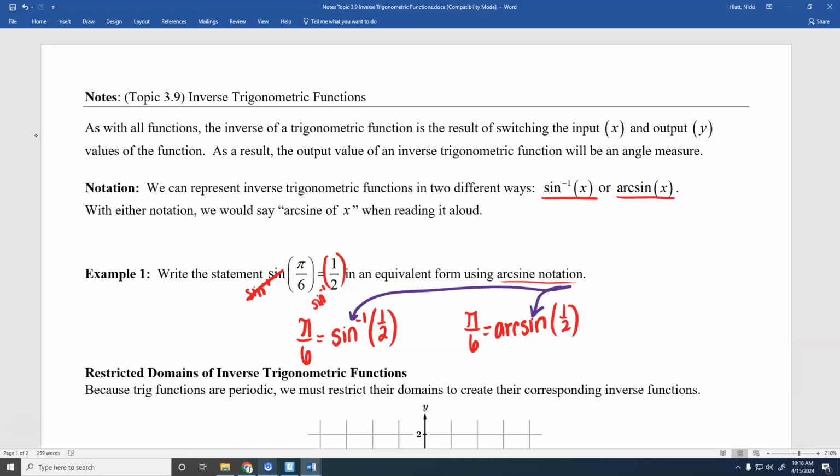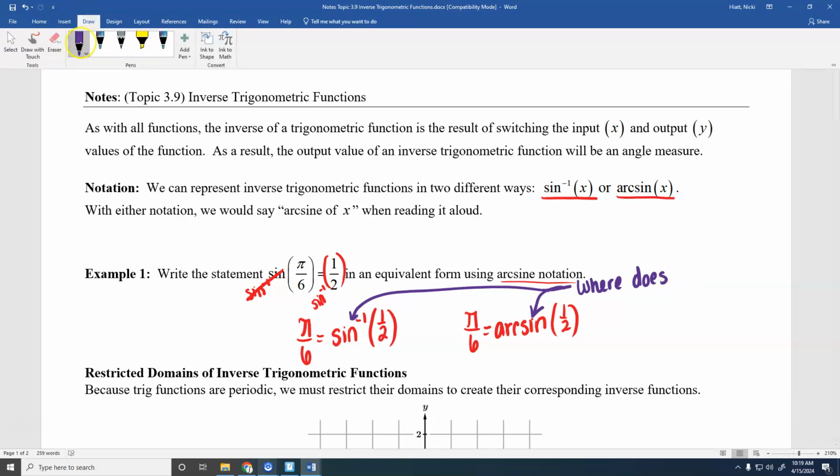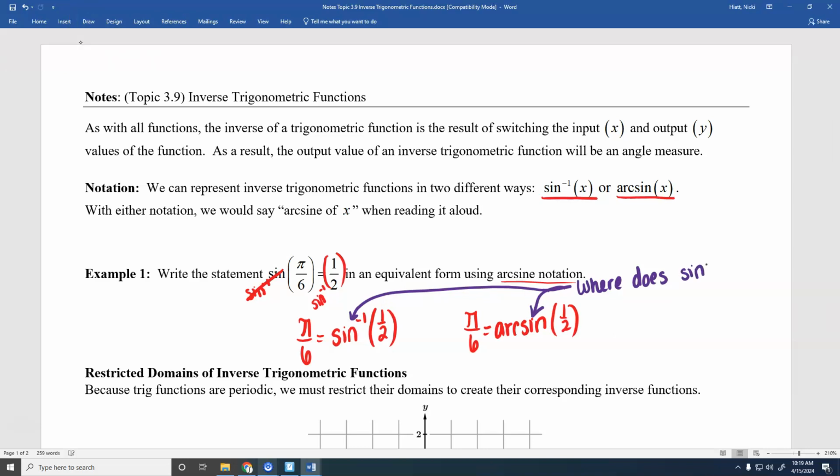What it's asking you is, where does sine of x equal 1/2? It's essentially what we were doing for the warm-up. If I'm finding inverse sine of 1/2, I'm saying where does sine equal 1/2. When you're doing inverse sine, your answer should be an angle. Pi over 6 would be radians right here.